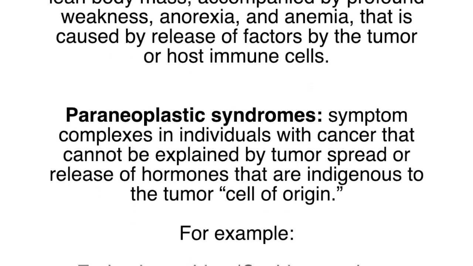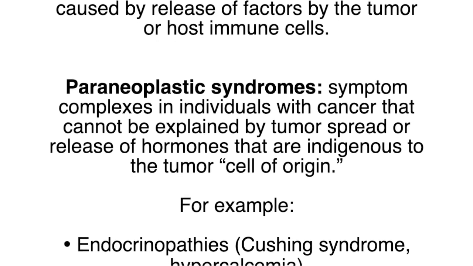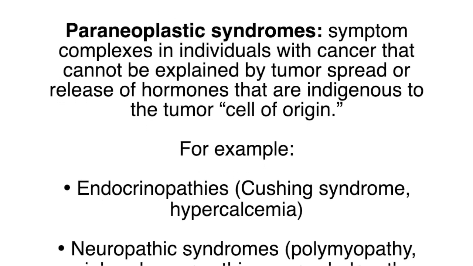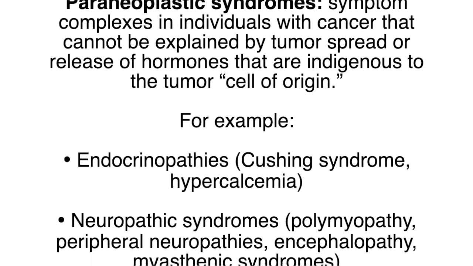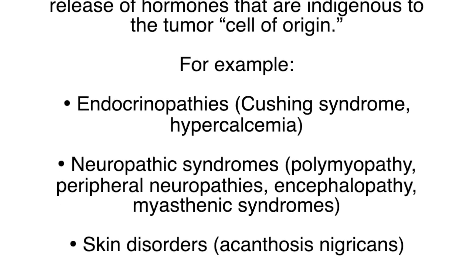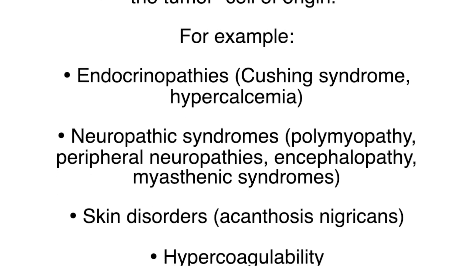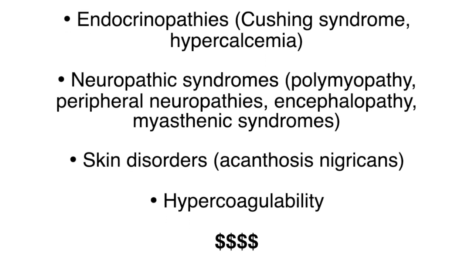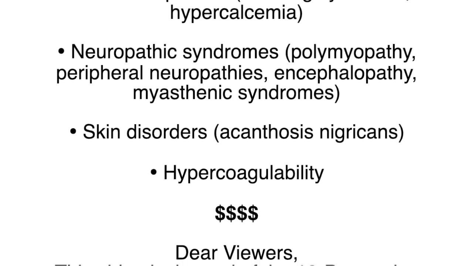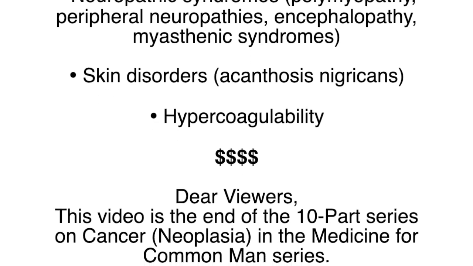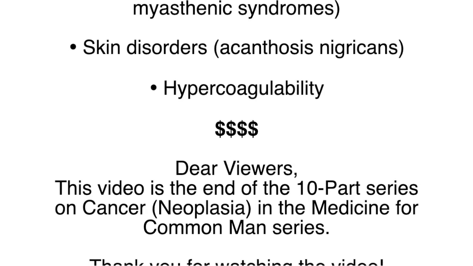Symptom complexes in individuals with cancer that cannot be explained by tumor spread or release of hormones that are indigenous to the tumor cell of origin. For example, endocrinopathies like Cushing syndrome and hypercalcemia, neuropathic syndromes like polymyopathy, peripheral neuropathies, encephalopathy, and myasthenic syndromes. Skin disorders like acanthosis nigricans and hypercoagulability.